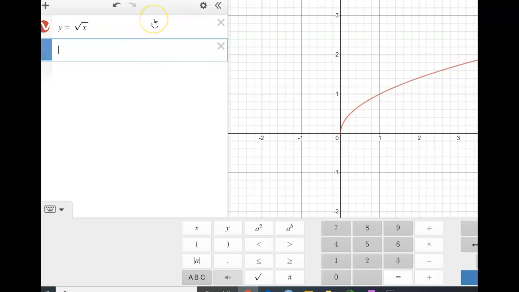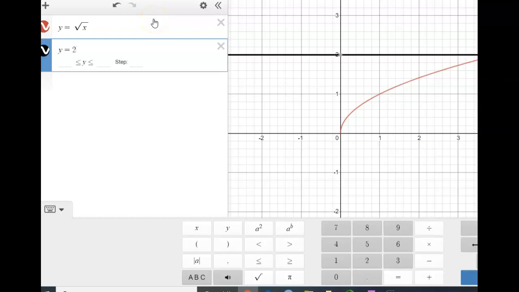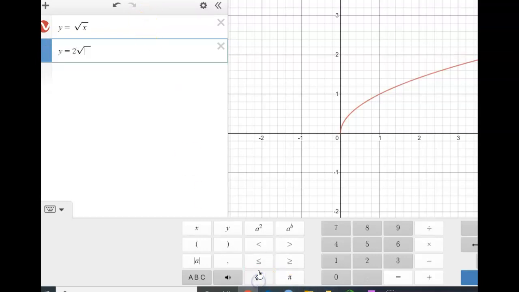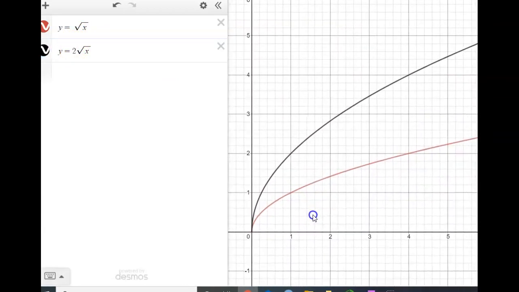And first, let's do a vertical stretch. So I want to put a 2 outside the square root so that all of the y values, after the square root of x gets calculated, are going to be multiplied by 2. So what it's doing is stretching the graph vertically.